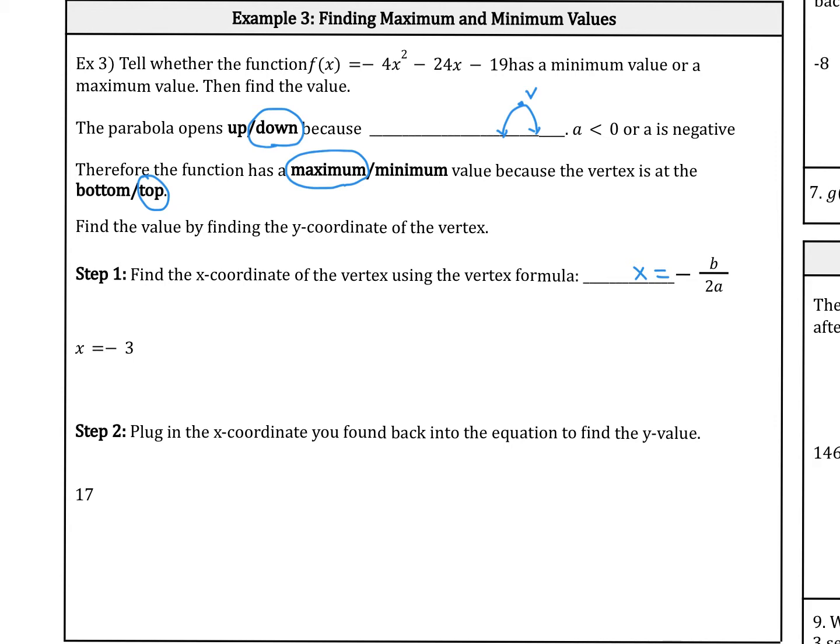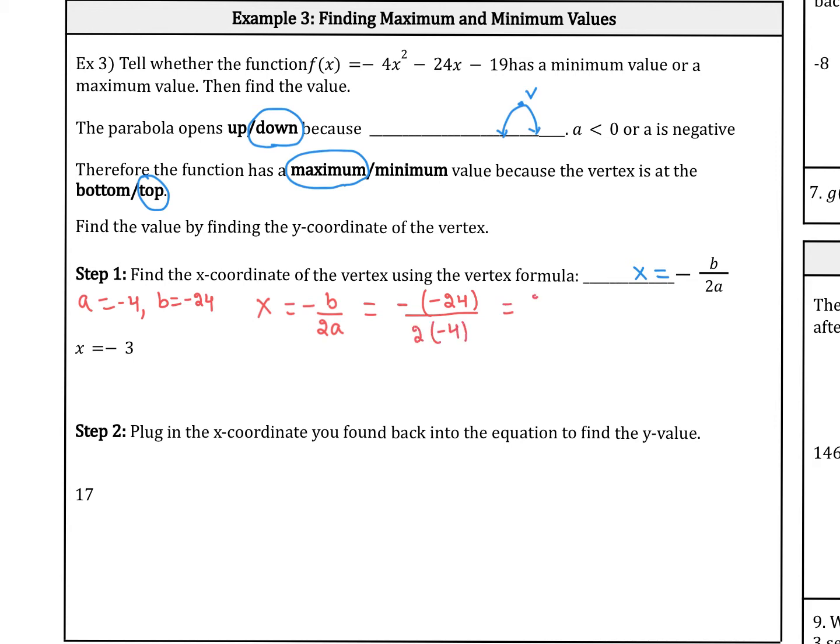So what is the formula here? x equals negative b over 2a, where a is negative 4. From this equation, a is negative 4, and then b is negative 24. You're going to plug that into the formula. So that's going to be negative negative 24, and on the bottom you have 2 times negative 4.